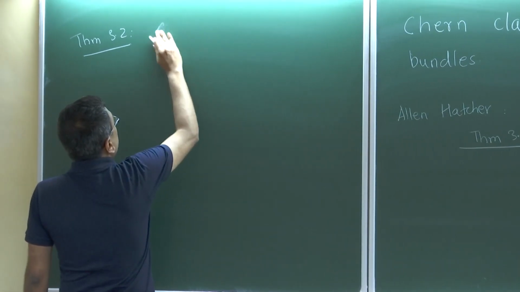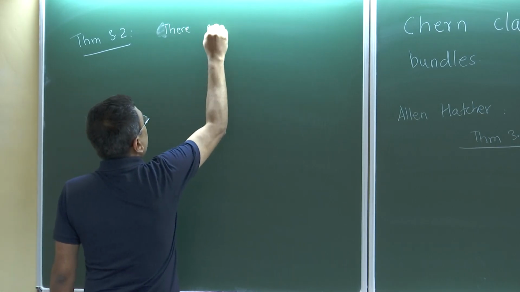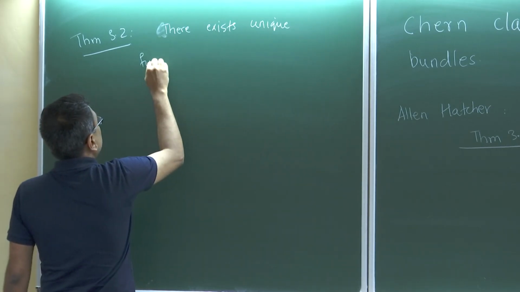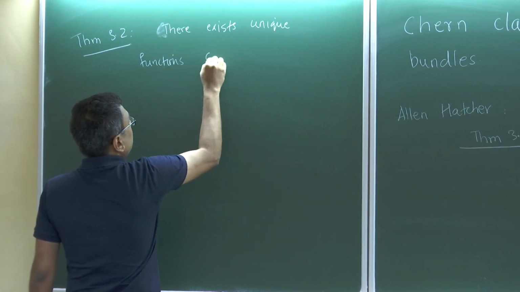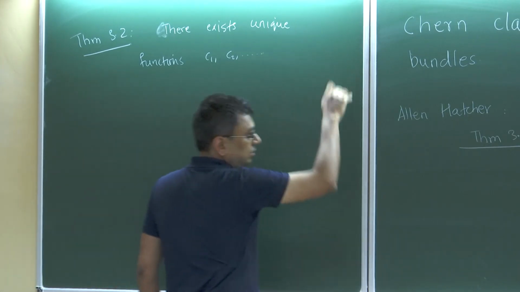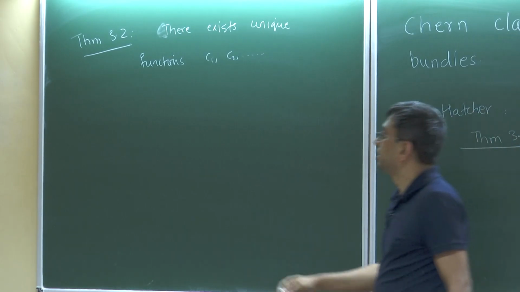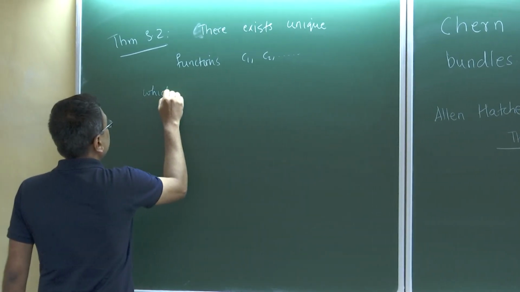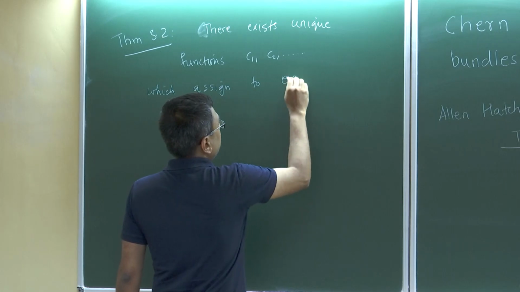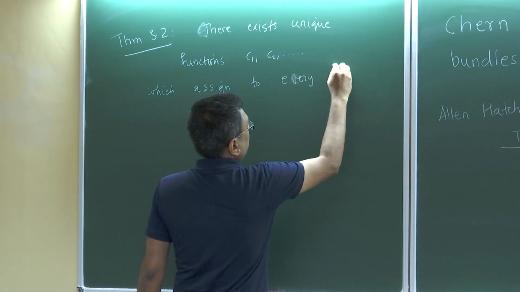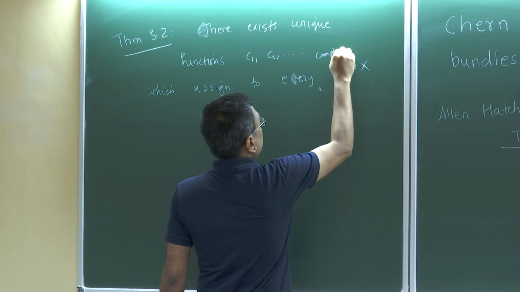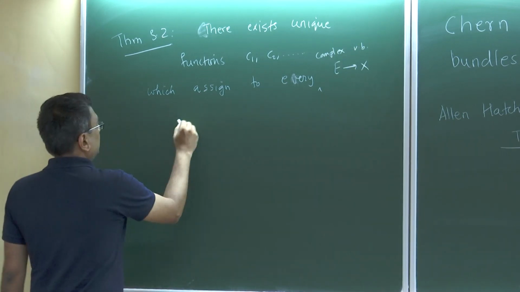So there exist unique functions C1, C2 and so on, indexed by natural numbers, Cn for every natural number n, which assign to every complex vector bundle E over X classes.